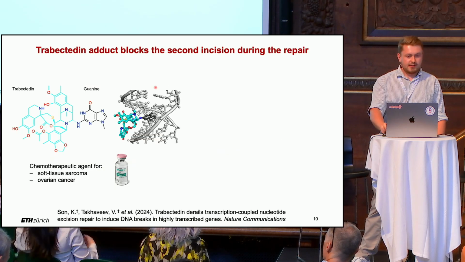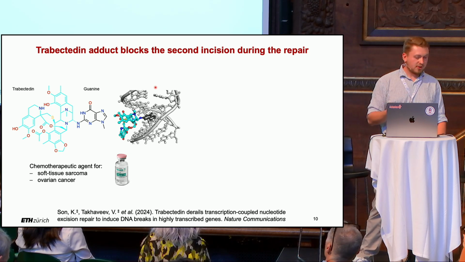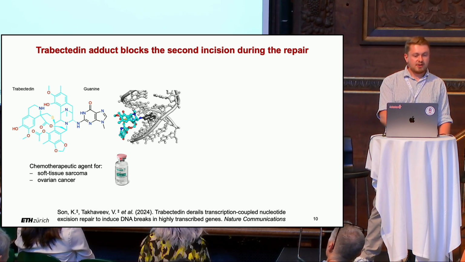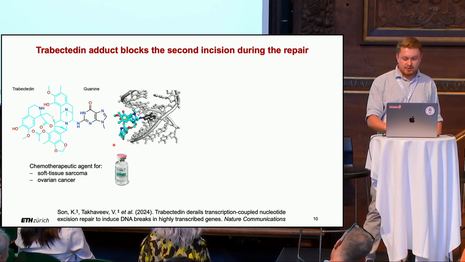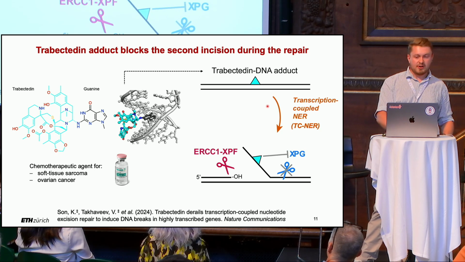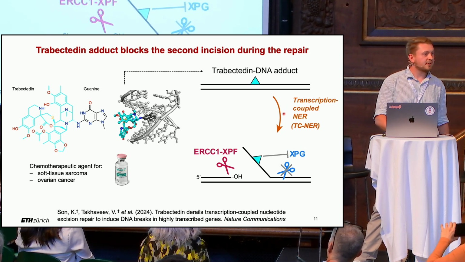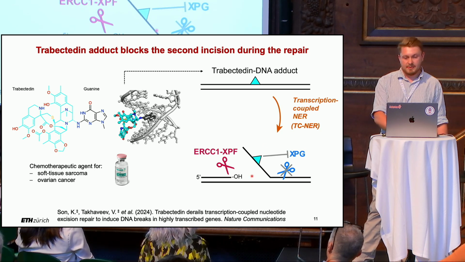In the first study, we wanted to reveal the molecular mechanism of the natural product and approved anti-cancer drug trabectedin. We used comet chip assays and gene knockouts, and we figured out that trabectedin DNA adducts specifically derail transcription-coupled nucleotide excision repair, or shortly TC-NER, by inhibiting the second essential endonuclease called XPG.